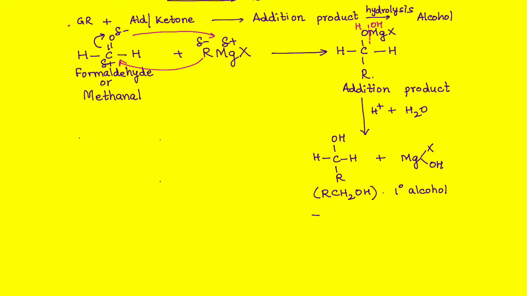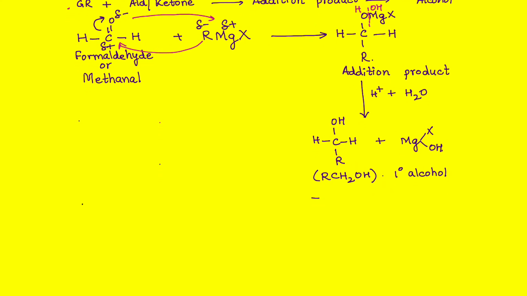Now, it's your turn to practice writing this reaction. So, I am going to give you a question over here. So, I have HCHO, and I am going to react it with, let's say, ethyl magnesium bromide.